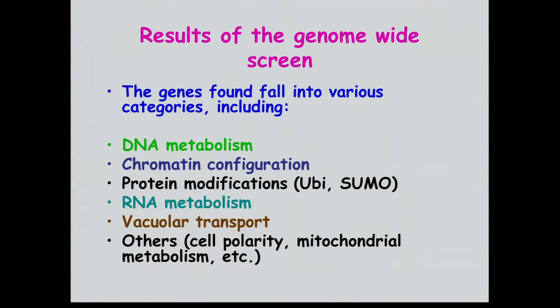When you look at the list of the genes, 400 genes is a lot of genes, and you have essentially anything that you were expecting, things that have to do with DNA metabolism, chromatin configuration, protein modifications, RNA, et cetera, but also a lot of surprises. On one hand, we get many, many genes for which we know the function, but we have no idea how this function affects telomere length.